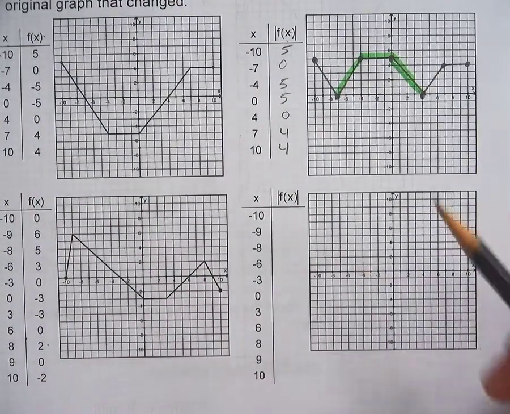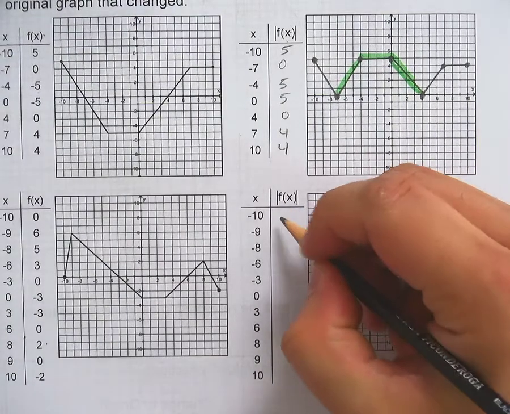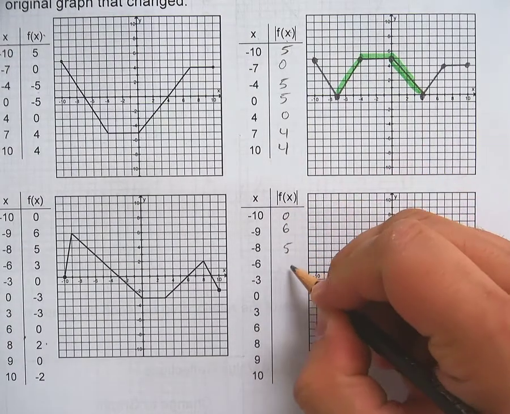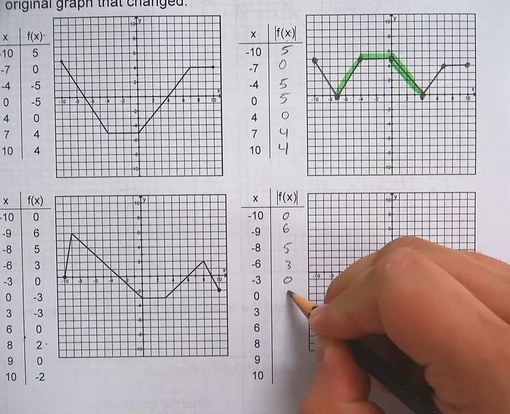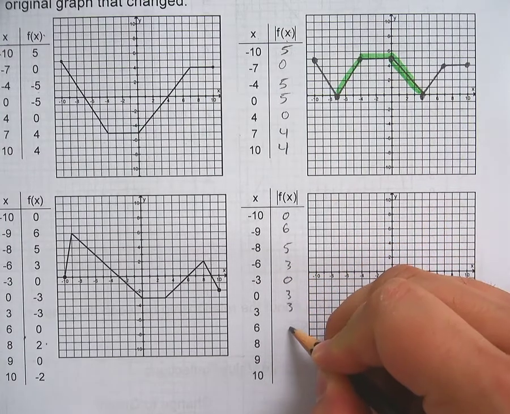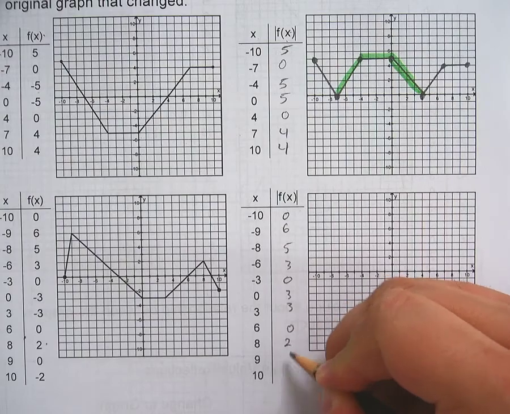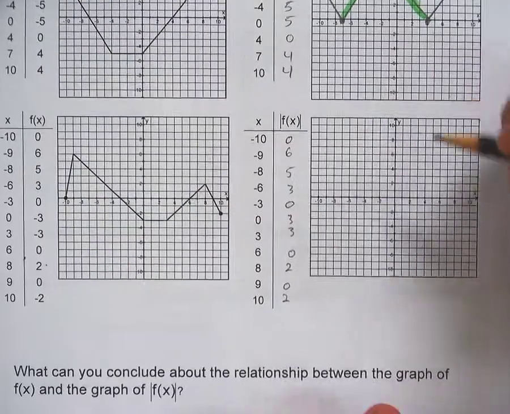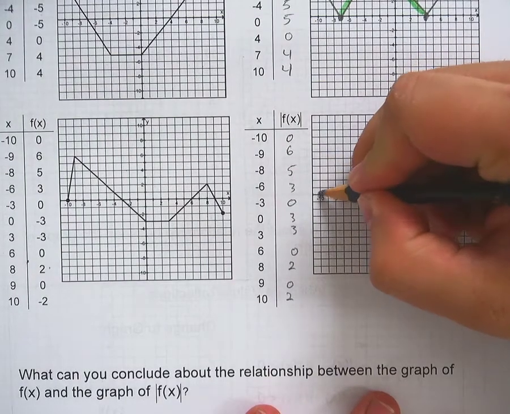I'm going to go ahead and do this one down here with you as well. This would be 0, 6, 5, 3, 0, 3, 3, 0, 2, 0, 2. So no negative values on the y. And then you can come over here and plot it.